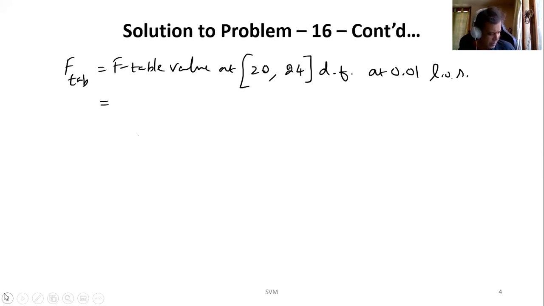Means the numerator degrees of freedom is 20 and the denominator degrees of freedom is 24. We get 2.74.